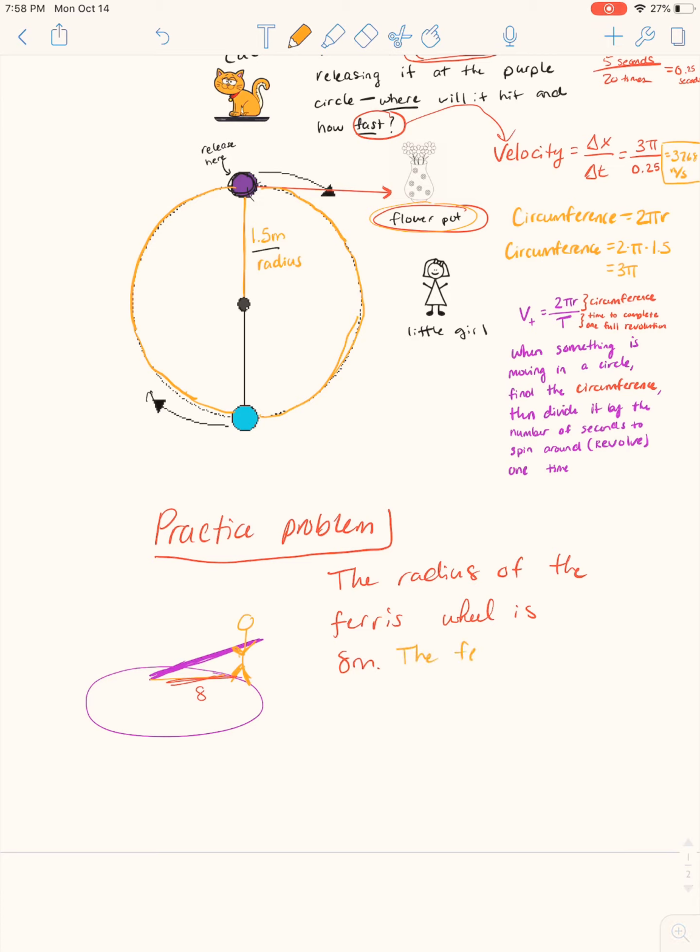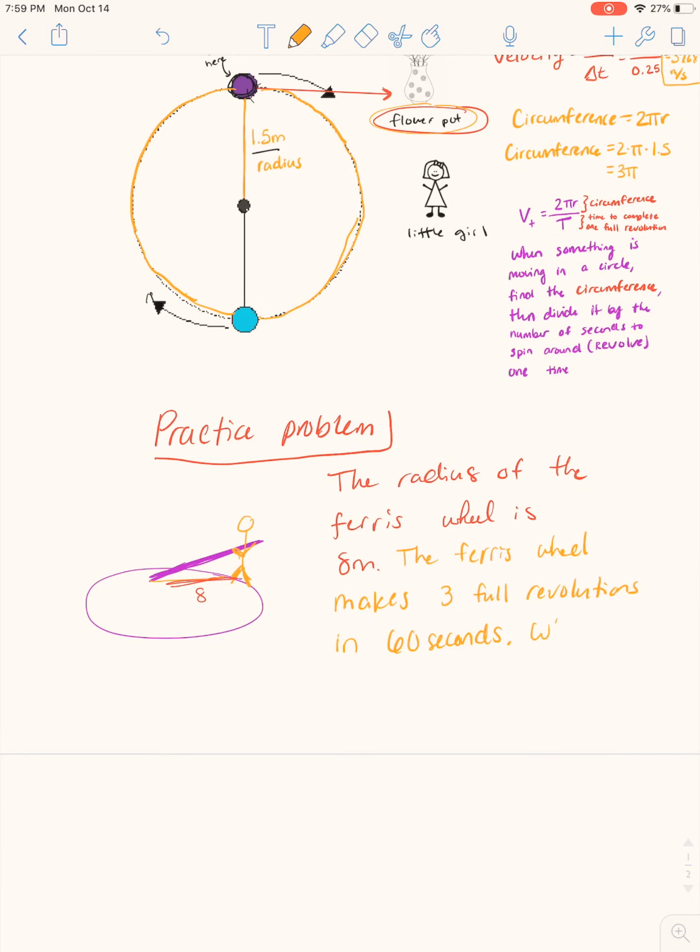The Ferris wheel makes 3 full revolutions in 60 seconds. It takes about a minute to rotate 3 times. It's pretty slow. So, what is the velocity of the kid riding the Ferris wheel?